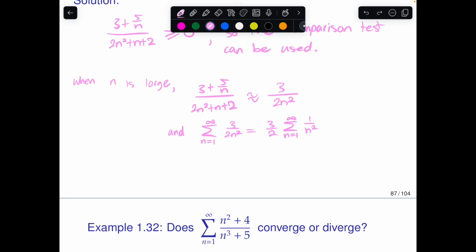Which diverges, right? Because this, I mean, sorry, not diverges, which converges.